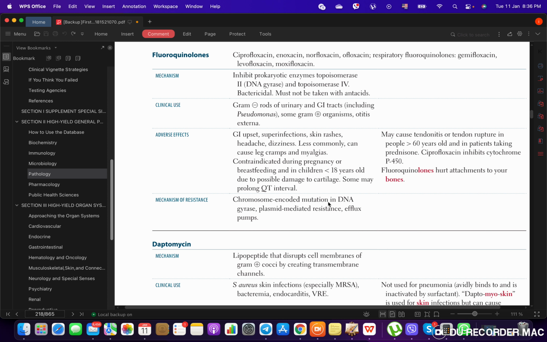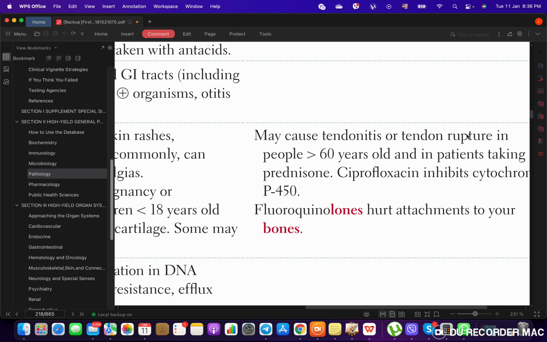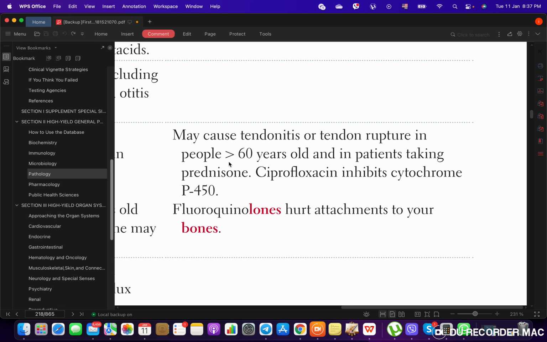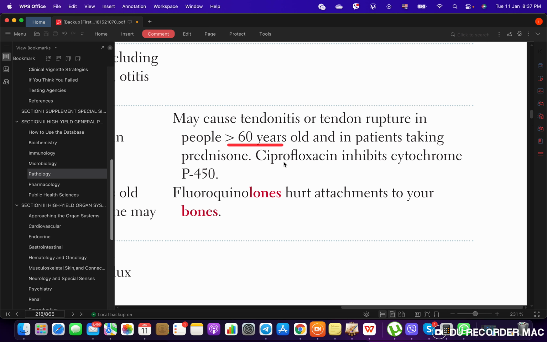We have a creation of efflux pumps, and these efflux pumps will pump the drug out of the bacterial cell. It may cause tendonitis, which is inflammation of the tendon, or even tendon rupture, especially in really old people, more than 60, and in patients taking prednisone, and especially people with lupus or something like that.